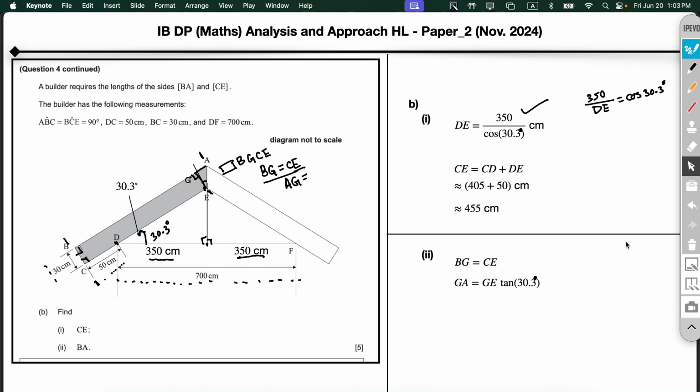If we find that value, we can find BA as BG plus GA. But GE is nothing but BC because BGCE is a rectangle. So that gives us BA, which is 473 centimeters if you add the two contributions.